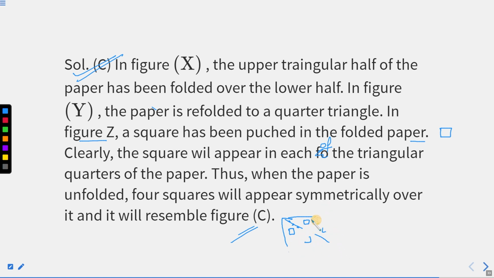I'll draw the entire figure again, don't worry. We'll draw this entire figure again. These are the hidden lines. They are not visible to you. These punched parts will be visible to you, right? I hope this is also clear till here, right?